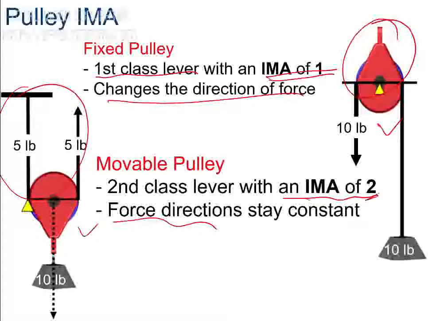Since the mechanical advantage is 2, it makes a force multiplier. Therefore, the movable pulley is a force multiplier pulley, and the fixed pulley is a direction changer pulley.